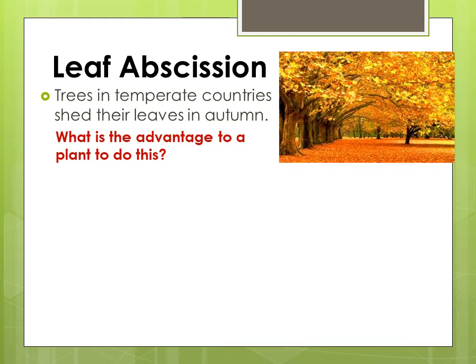So it makes much more sense to get rid of the leaves, cut your losses, and just become a bit more dormant over winter, where the light levels are low, the temperatures are lower, so all of these things will not be favourable for photosynthesis. And sometimes even the water availability is much less because, of course, if the ground is frozen, then you can't get the water.